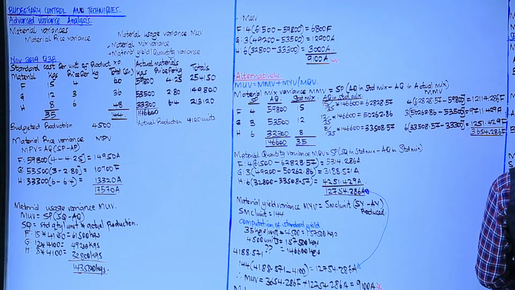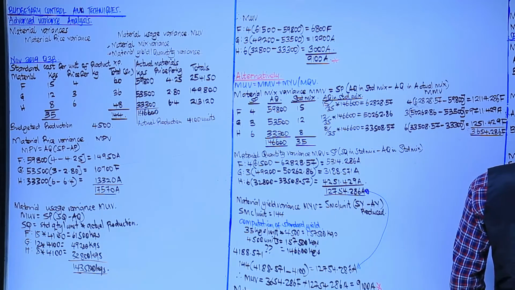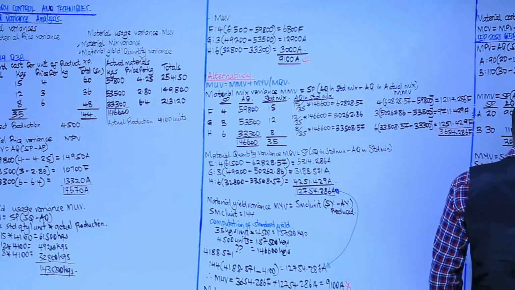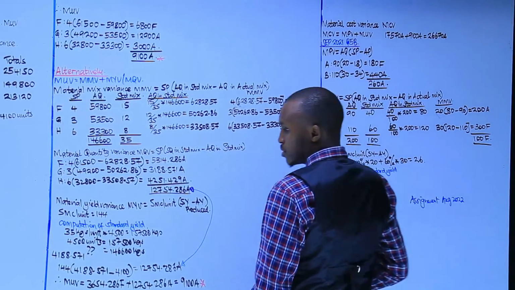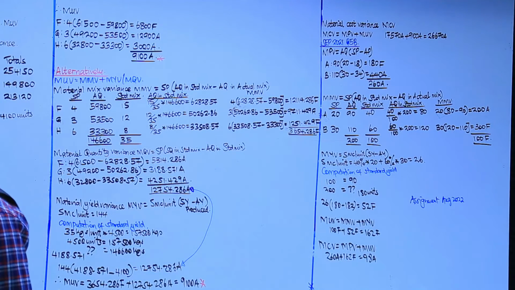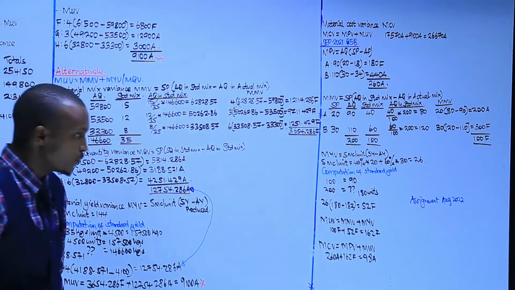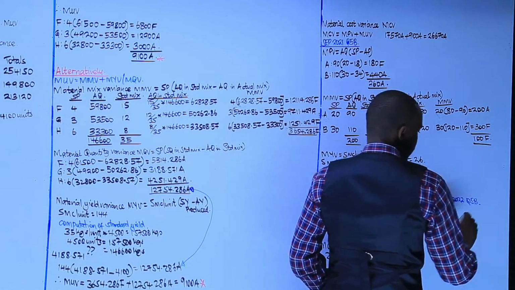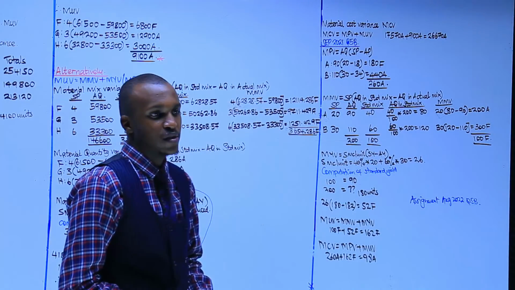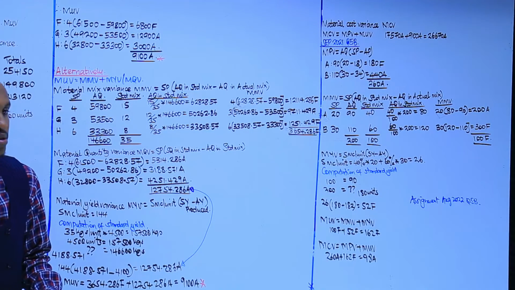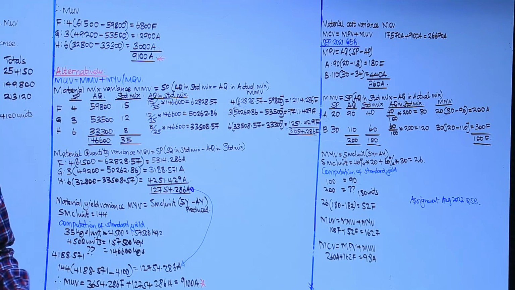Please look at this question for your own practice. August 2022, question 5B. It is an advanced variance of materials.